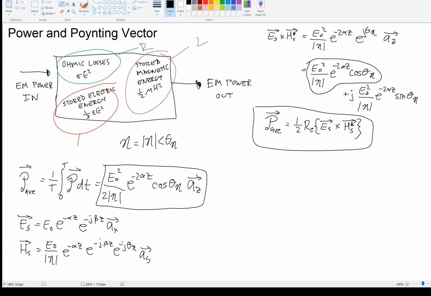Okay, and then just remember that E cross H has units of watts per square meter. So the total time average power going through a surface is given by this.